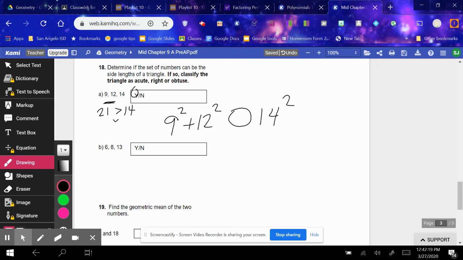Okay, 9 squared plus 12 squared is 81 plus 144. 14 squared is 256. 81 plus 144 is 225. 225 is less than 256. So if it's less than, that means it is an obtuse triangle.